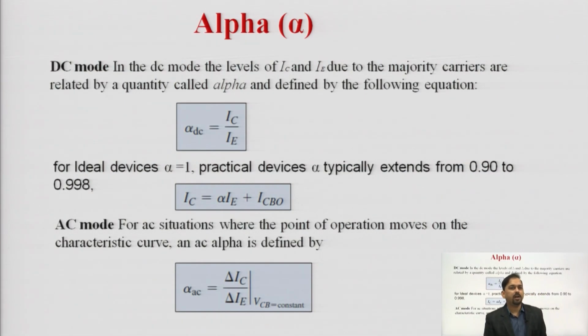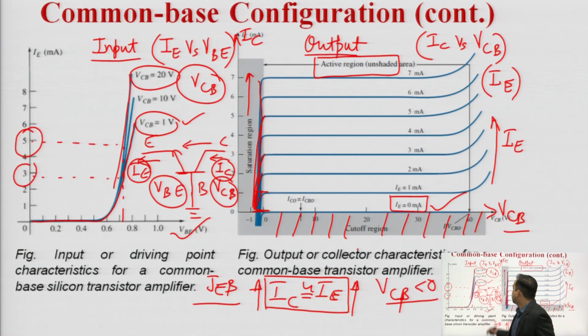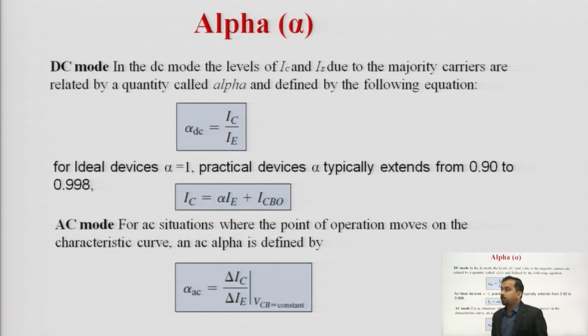After that, we have the current gain alpha. This current gain is basically the ratio of output current to input current, and we are aware from our last slide that the output variable here is the collector current and the input variable is the emitter current. So, the current gain for the common base configuration will be IC by IE, the output current by input current.